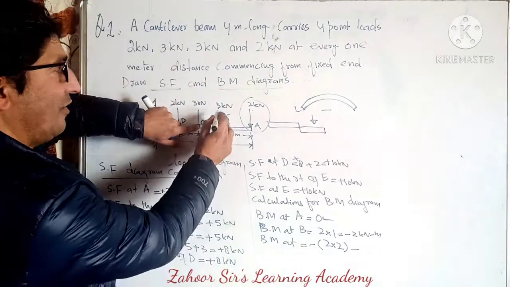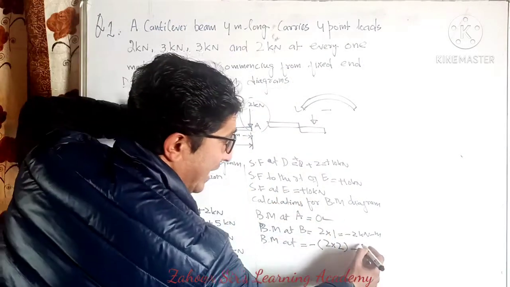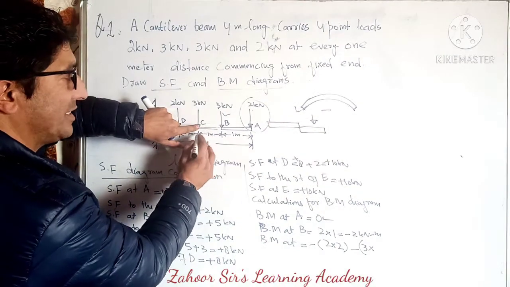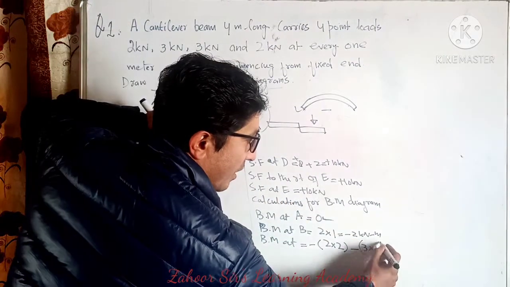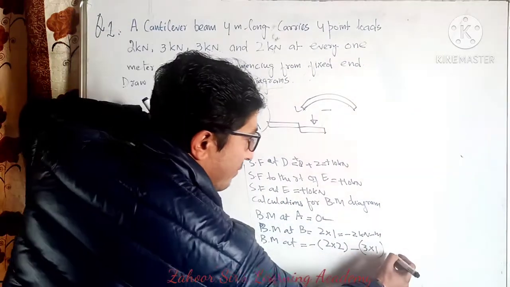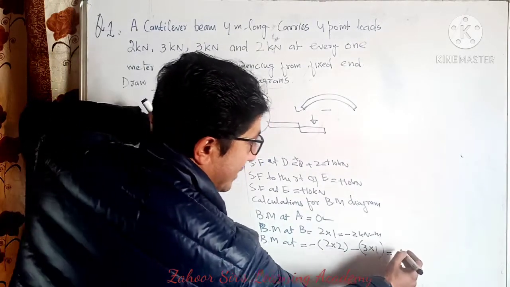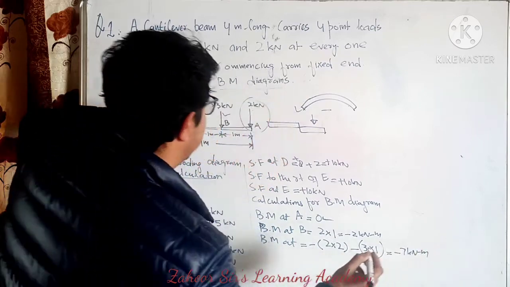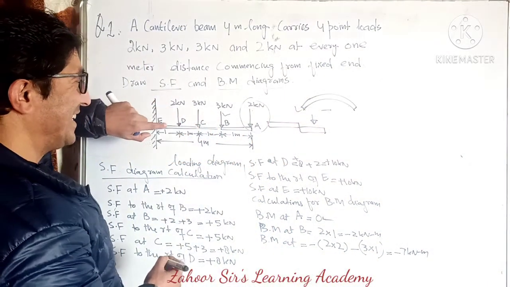Minus, now I will take this force, this 3 into its distance up to point C. How much is that? That's 1. So that's 4 plus 3, that's minus 7 kilonewton meter. Okay, that's the bending at C.